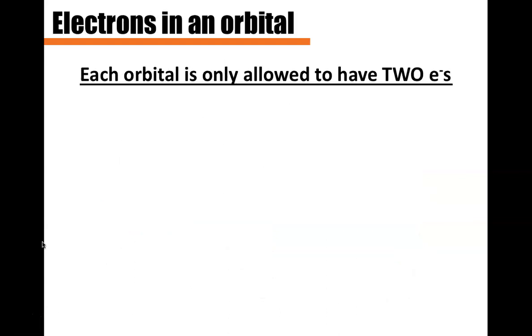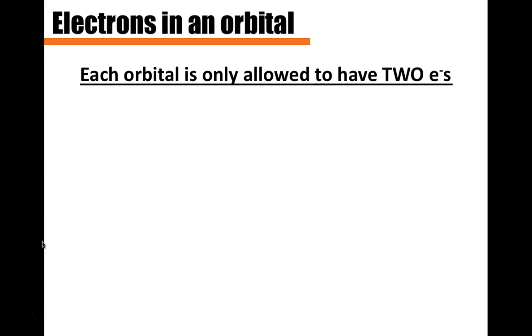Now, at the end of the day, each orbital, individual orbital, is only allowed to have 2 electrons. So if we go back to our ratio, 2 columns per 1 orbital, which basically means each column, or actually each element box on the periodic table, represents 1 electron.